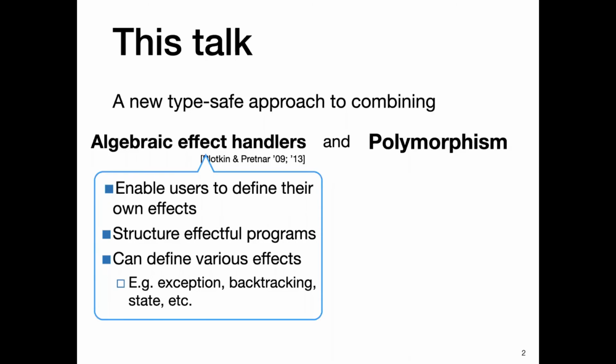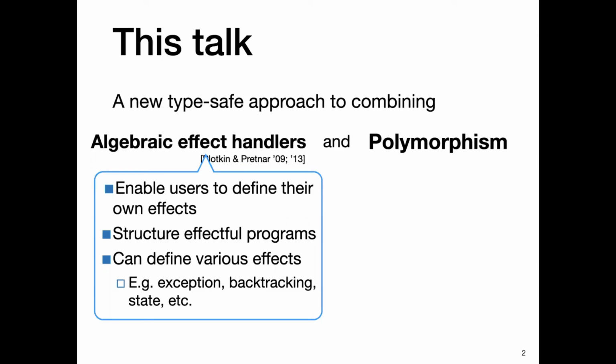Algebraic effect handlers is an approach to user-defined effects, and they can also structure effectful programs in a modular way, thanks to the separation of interface and implementation of effects. Using algebraic effect handlers, we can define various effects, such as exception, backtracking, state, and interactive I/O.